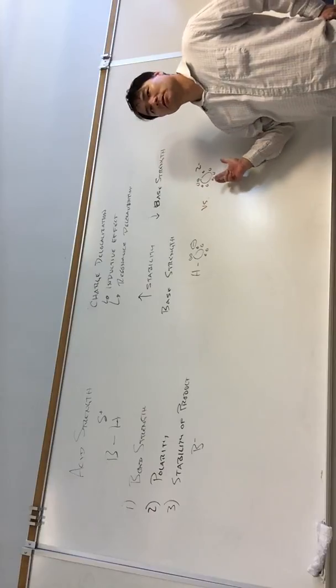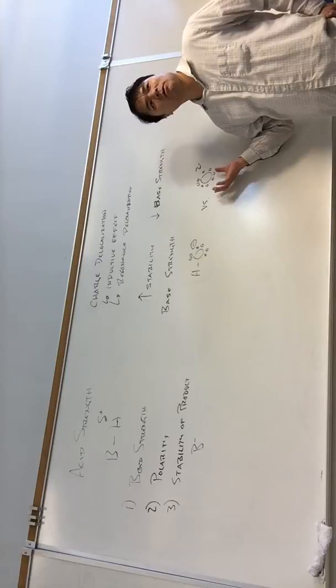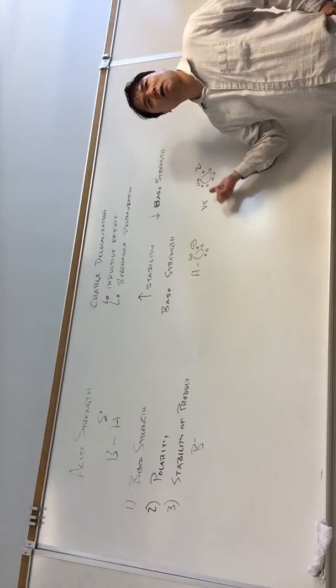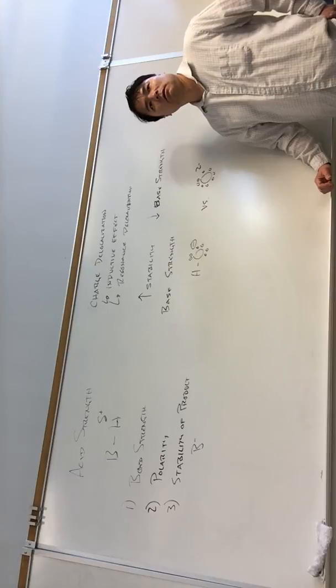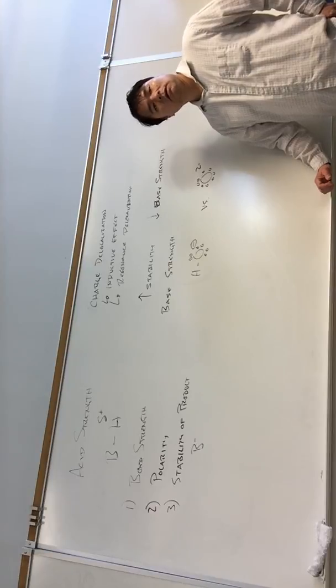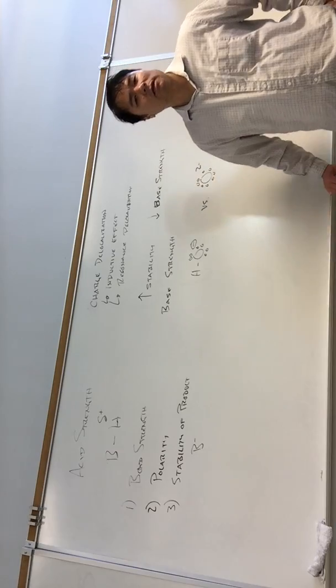Both of these are oxygens. This is a -1, this is -2. The -2 has got more negative charge density, so it's going to attack positive species more. Charge density is what we're looking at.